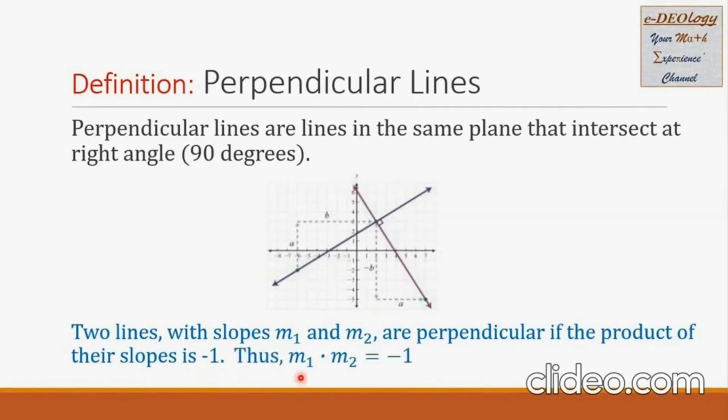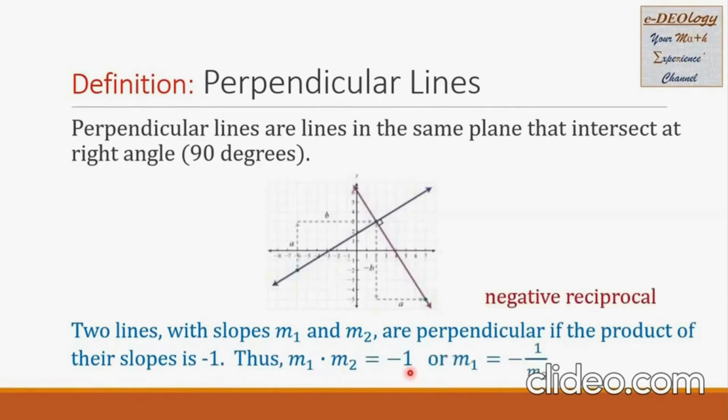Thus, m sub 1 times m sub 2 equals -1. Or we can say m sub 1 equals minus 1 over m sub 2. Or we say that the relationship of m sub 1 and m sub 2 are negative reciprocal.